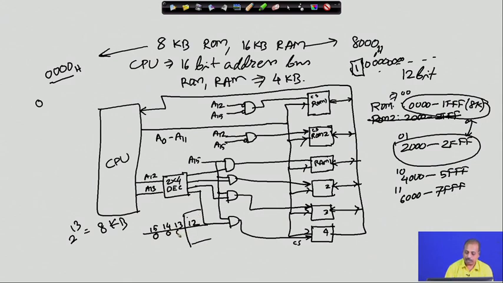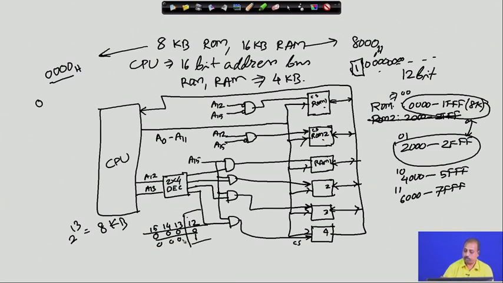Now, if these two bits are 0 0, the remaining bits A0 to A12 can vary from all 0 to all 1. So, we get the first address space, which is 0000, and it can go up to the situation where these bits remain 0 but this is 1. When this A12 bit is 0, it is catered by the first ROM, and when this A12 bit is 1, it is catered by the second ROM. So, that way it is generating this whole address space.